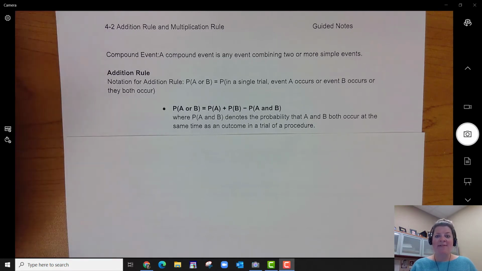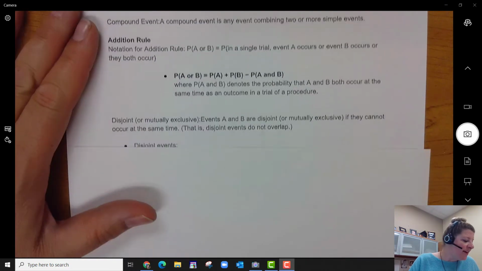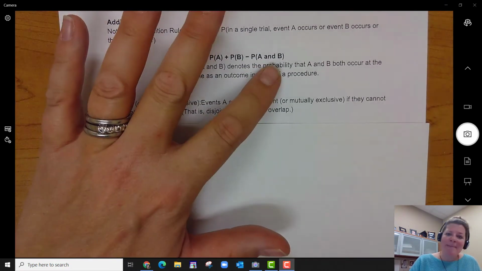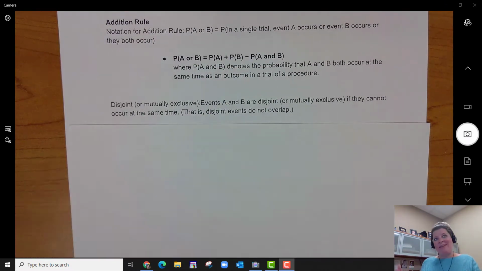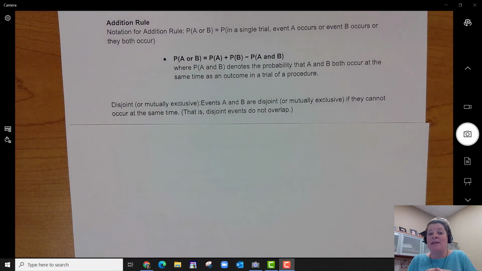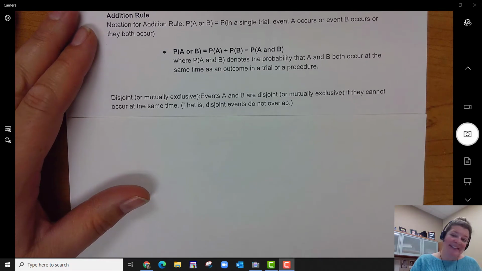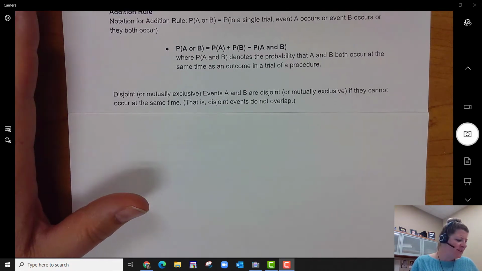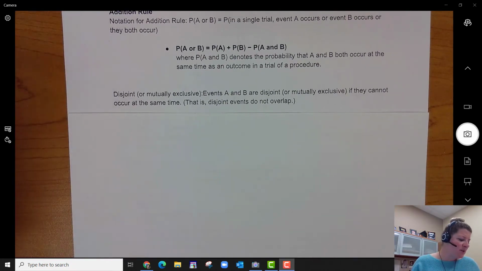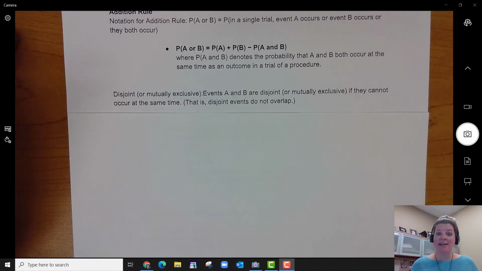If I have this overlap, that may not happen. We may have this and this with nothing in common, no overlap. So we can talk about it by disjoint sets. Disjoint events are mutually exclusive if they cannot occur at the same time. They have nothing in common, no overlap.